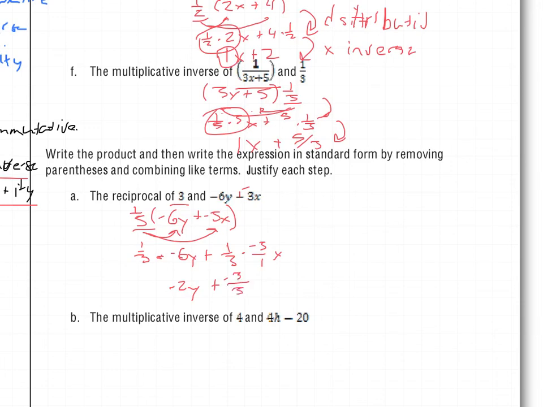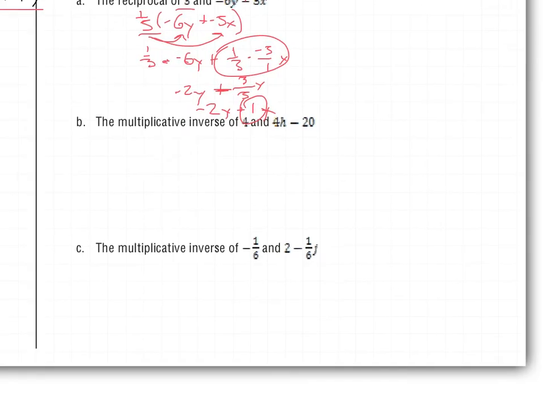So really just a subtraction of 3/3 times x, which is really negative 2y plus 1x. So again, as we're looking through this, we end up distributing, and this becomes our multiplicative inverse, which is 1. Go ahead and do the last two on your own.